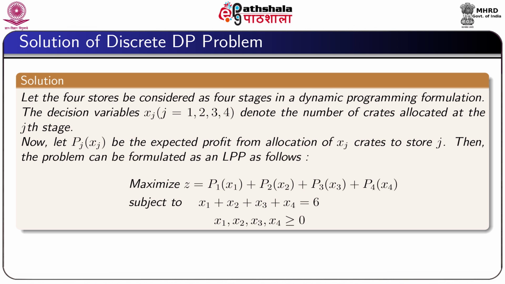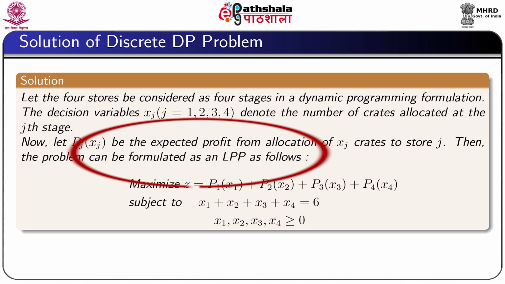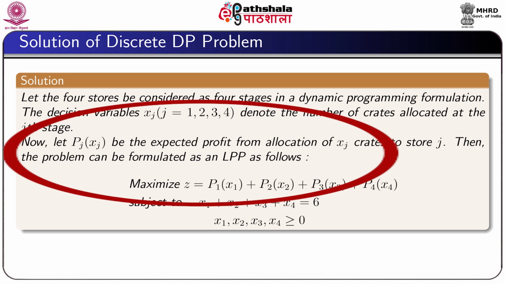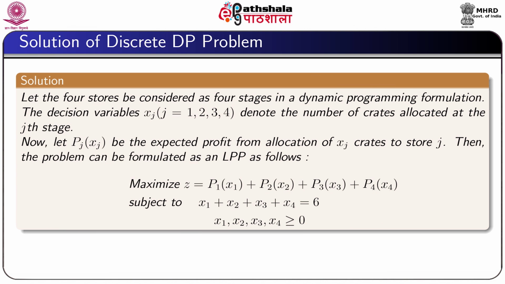Let the 4 stores be considered as 4 stages in a dynamic programming formulation. The decision variables x_j denote the number of crates allocated at the jth stage. Let P_j(x_j) be the expected profit from allocation of x_j crates to store j.